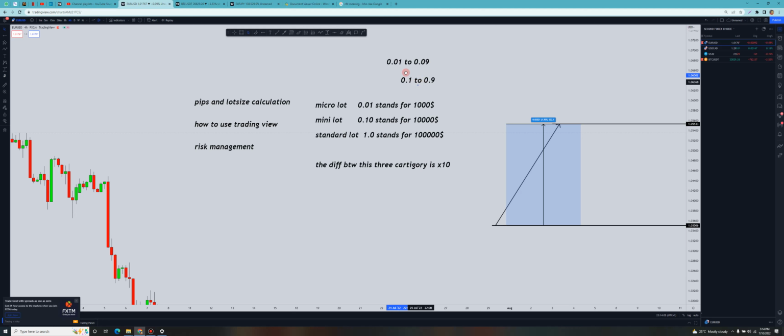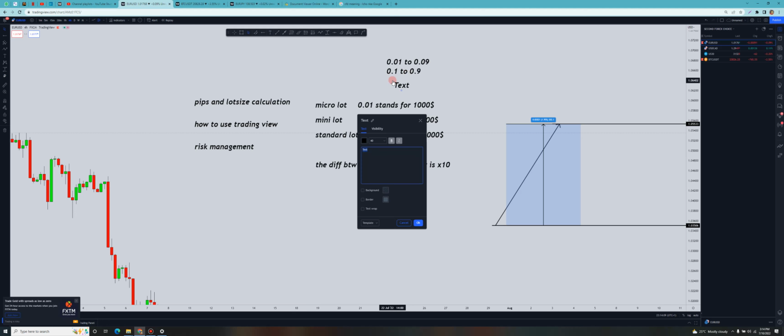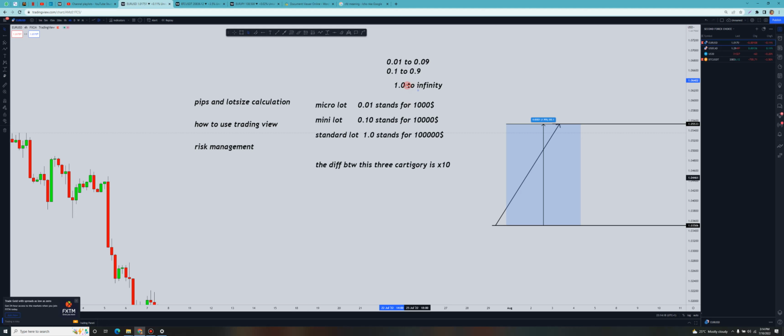This is mini. And then standard starts from 1.0 to infinity. Okay. Micro starts from 0.01 to 0.09. Mini starts from 0.1 to 0.9. And then this is standard.